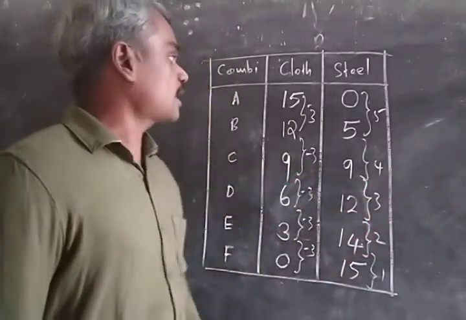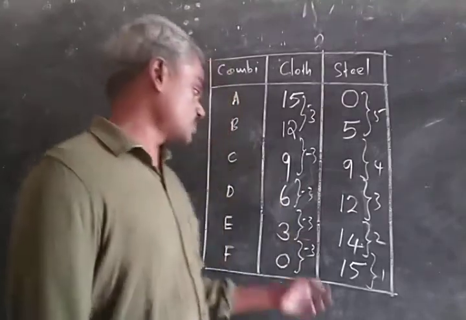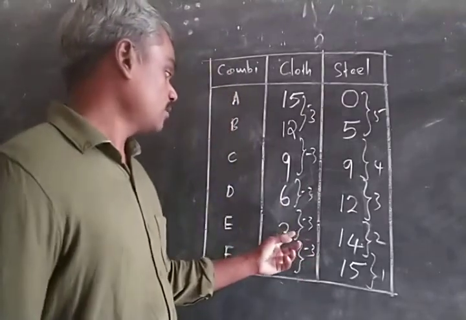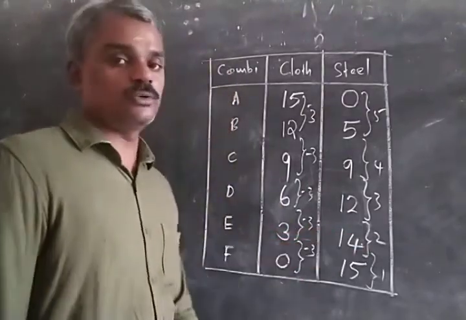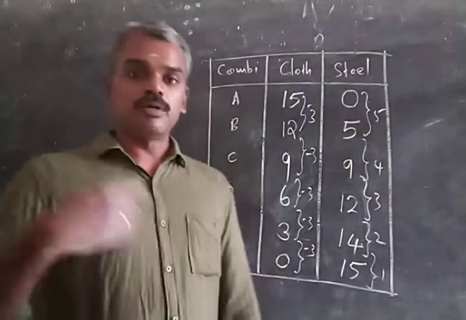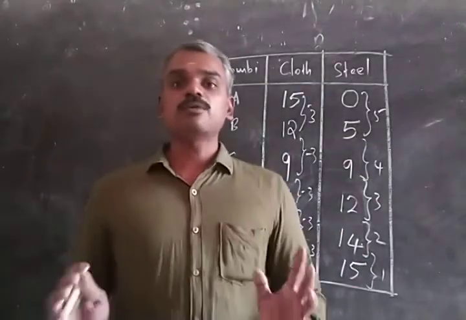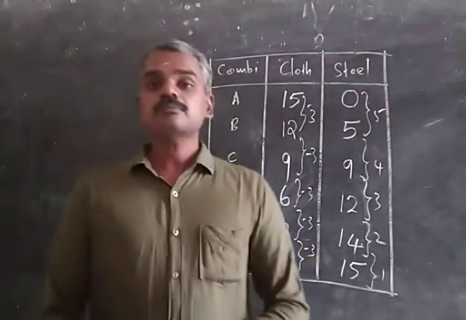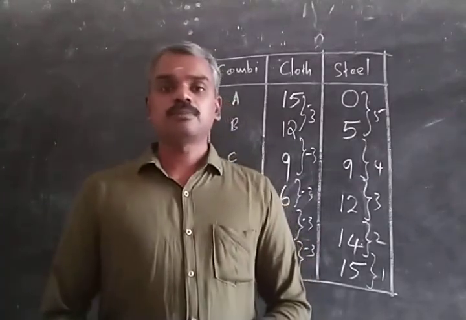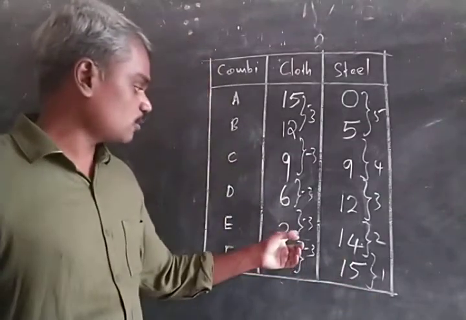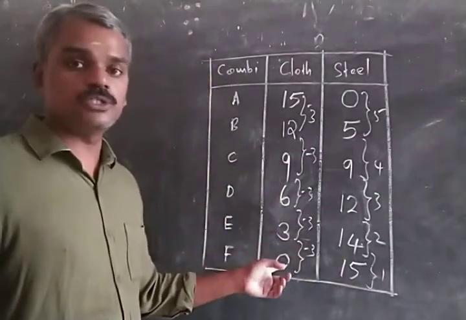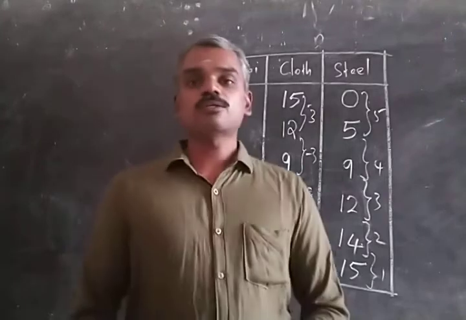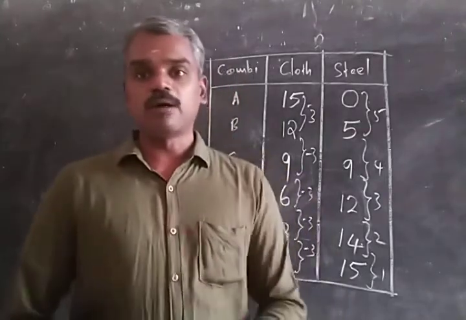Again, the nation faces another question of diverting resources. For example, when it is producing 3 units of cloth and 14 units of steel, it diverts resources, but now what type of resources are remaining? The resources which are least suited for steel. So, even though cloth production falls from 3 to 0, steel production increases only from 14 to 15, only by 1 unit.